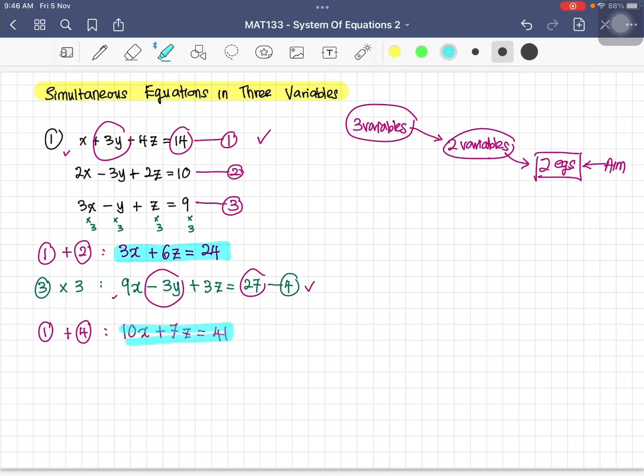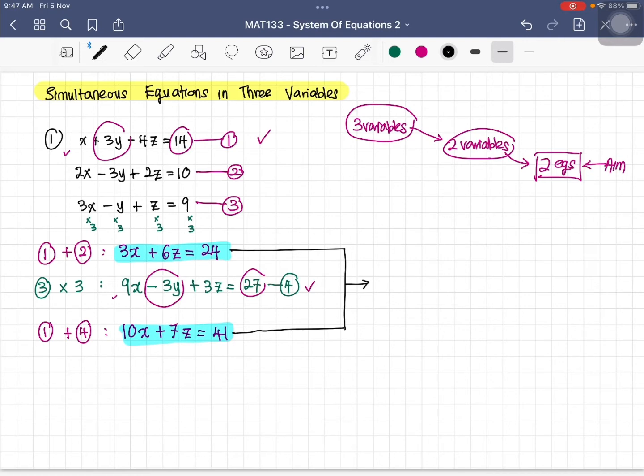So we have to solve these two equations simultaneously. To solve these equations, we have seen how in the first video. You can use either elimination or substitution.